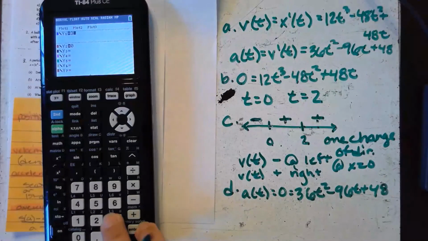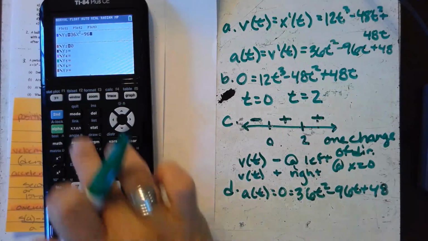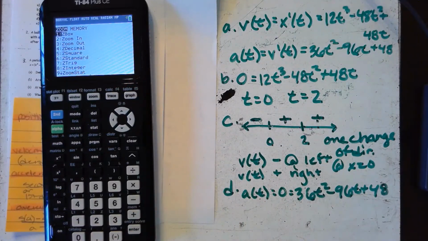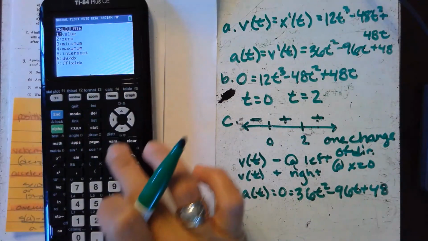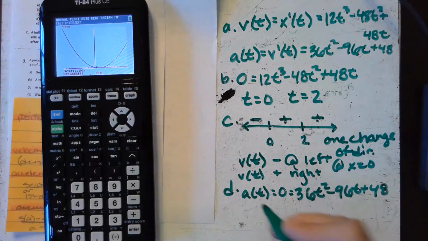So if I plug in 36x squared minus 96x plus 48, I can say zoom 0 again. All right, second trace, 5 for intersect. Okay, 0.666 repeating, which is 2/3.